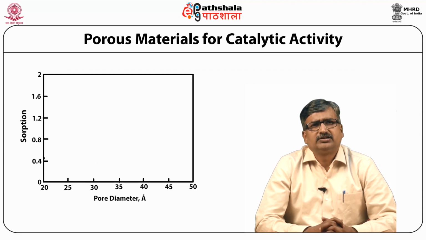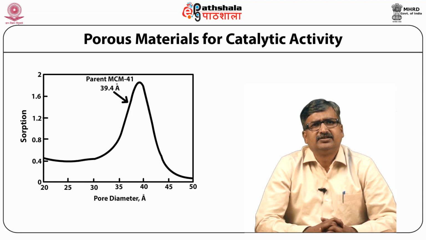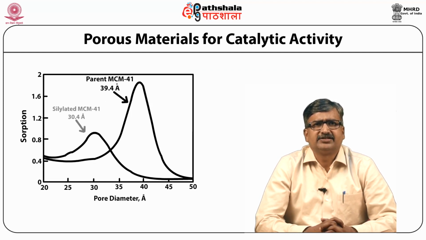We saw that an efficient way to increase the surface area of a material is to decrease its grain size or its particle size. Another way to increase the surface area is to fill the material with voids or empty spaces.